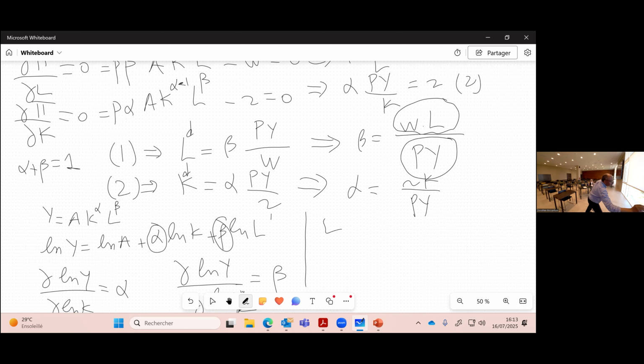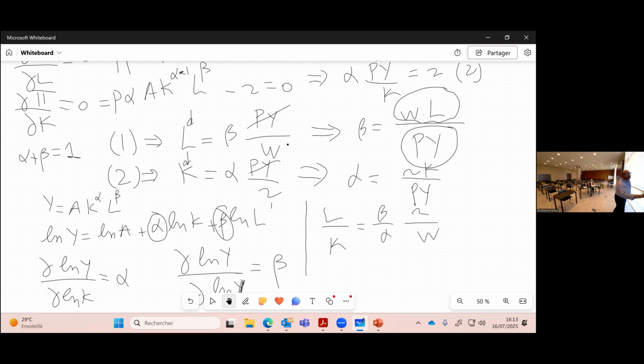We can deduce the two ratio. Because we can simplify, the two numerators collapse, then we have something like that. And what we see here is a very interesting characteristic.